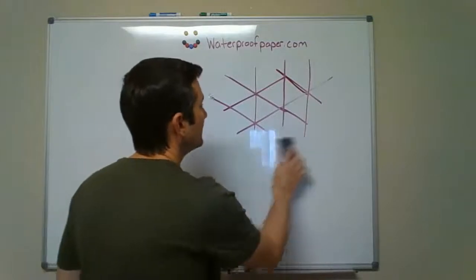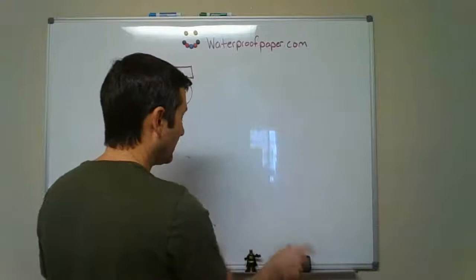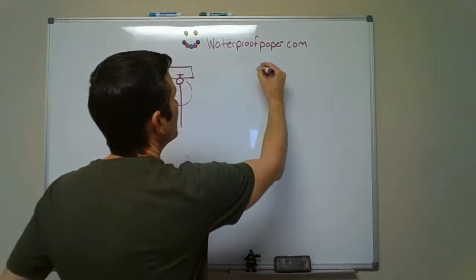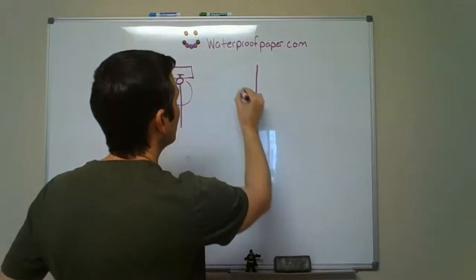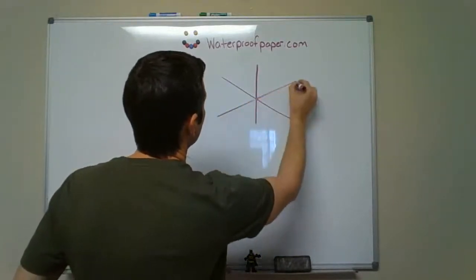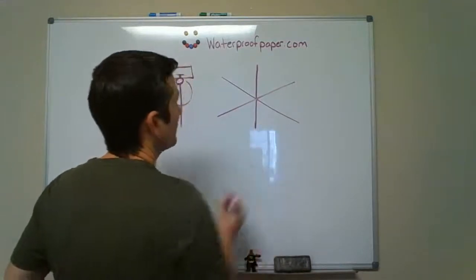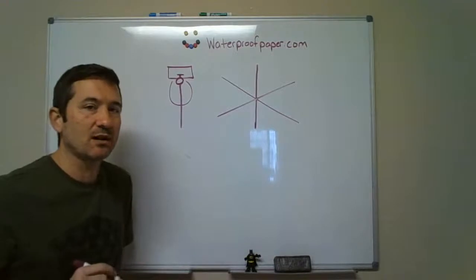But if you break it down, if you're looking at just one little section, what I want you to do is look at that one vertical line passing through and these 30-degree angles crossing through here. Okay, look at that. This is going to be your guide. You're going to follow and stay on these lines.